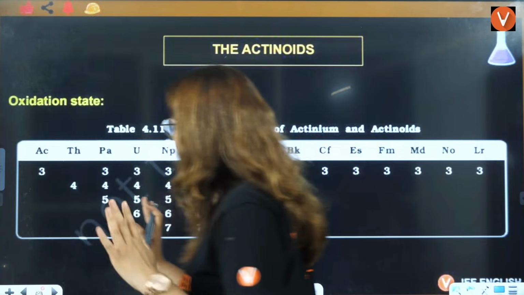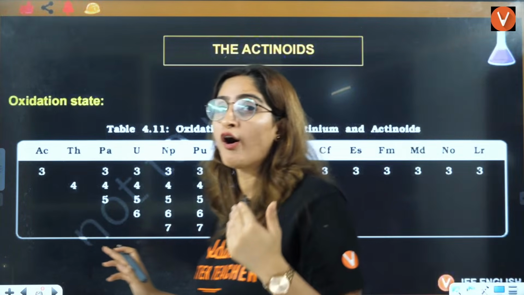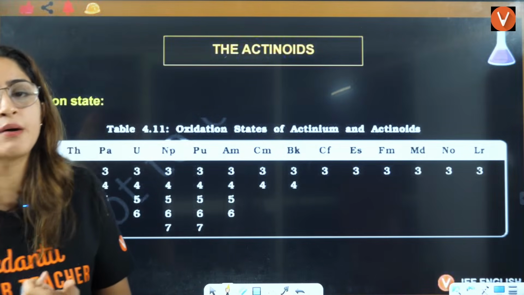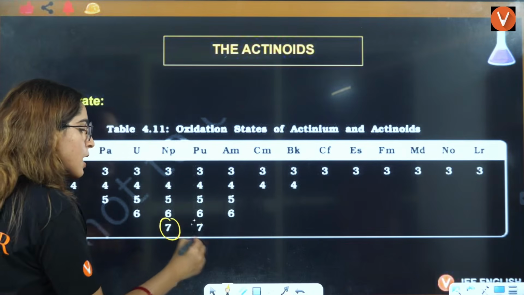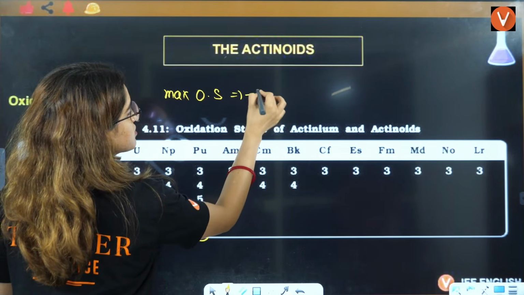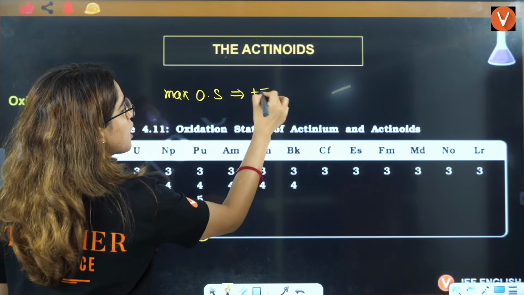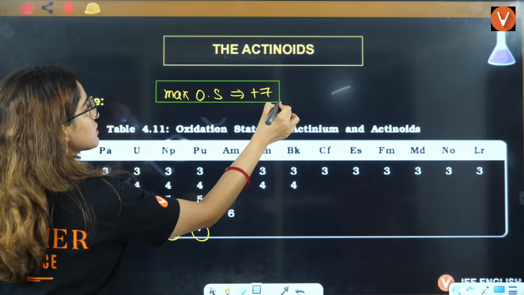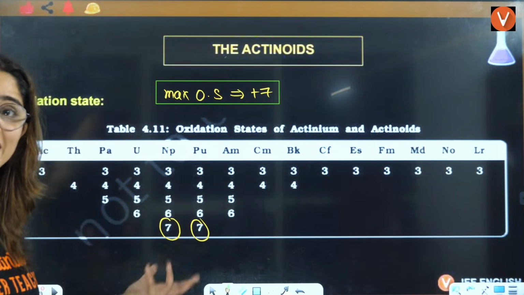They can ask you which oxidation state is maximum for actinoids. For actinoids, you don't have to remember everything. Just remember the maximum oxidation state is +7. That's all you have to remember. Why is it so?